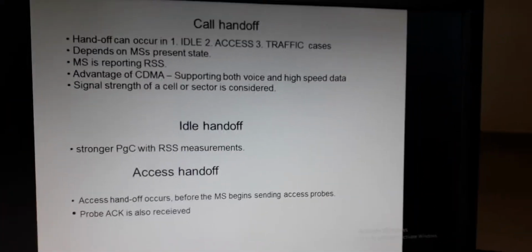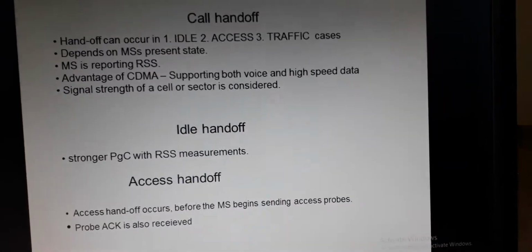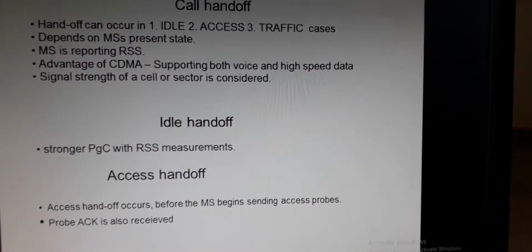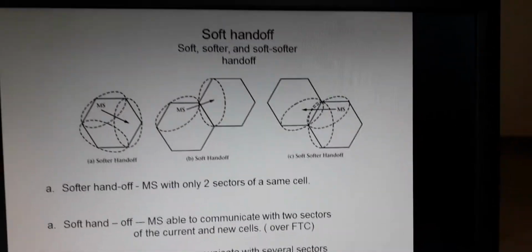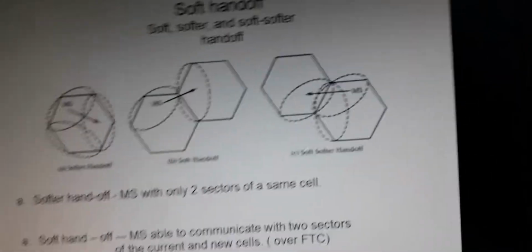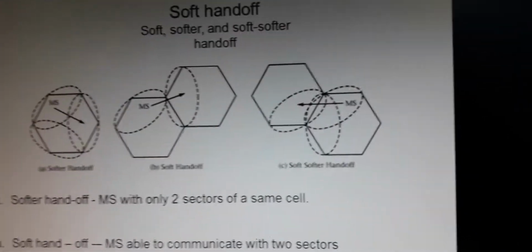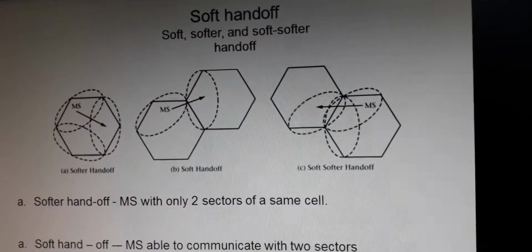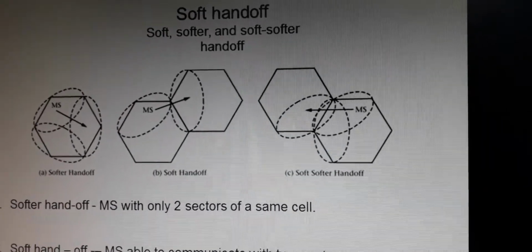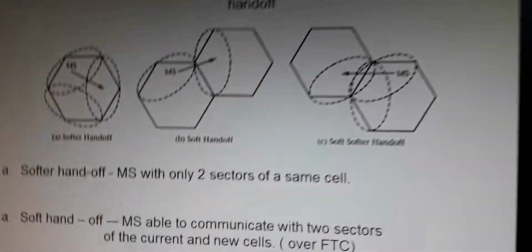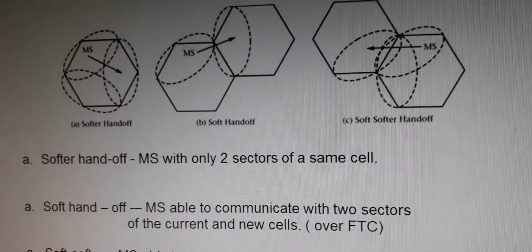There are 3 different handoffs: idle, access, and traffic handoffs. Idle handoff, access handoff. In most systems it is a hard handoff, but in CDMA it is a soft handoff. Again divided into soft and softer handoffs. It depends on the sector.